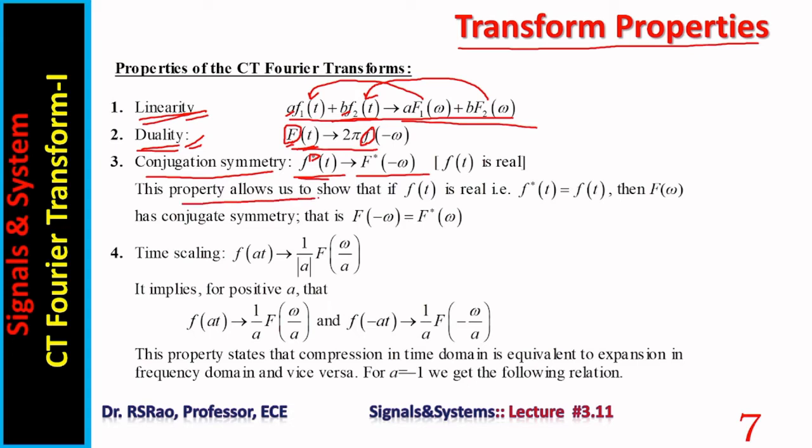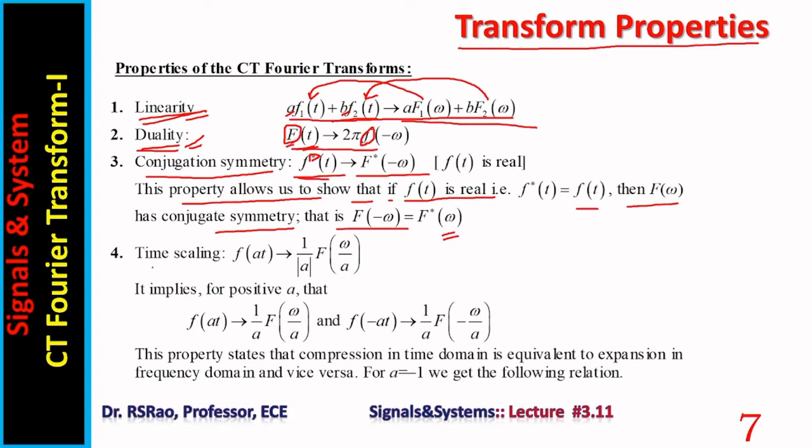This property allows us to show that if f of t is real, that is f conjugate of t equal to f of t, then F of omega has conjugate symmetry, that is capital F of minus omega is equal to F conjugate of omega.